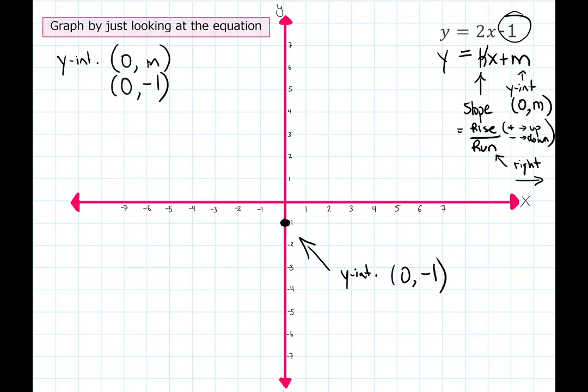-1. And from here we need to know what the slope is. When we look at 2x, our slope is the k value, which is 2. However, we need to write this as a fraction: 2 over 1, where 2 is our rise, 1 is our run. That means from this point, we're going to go up 2, right 1.